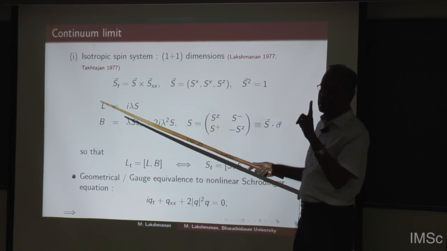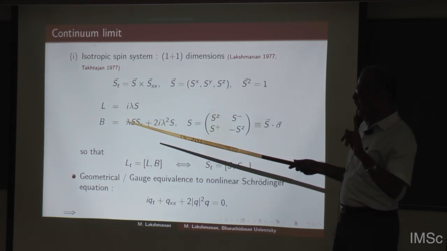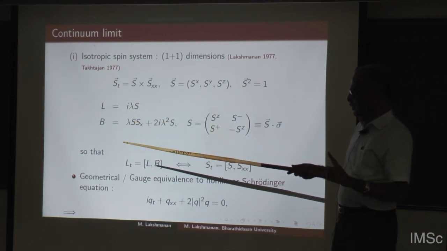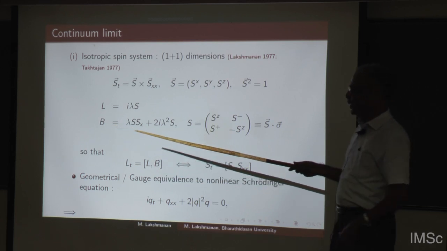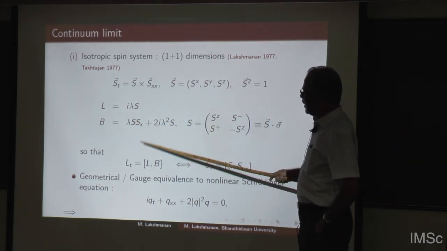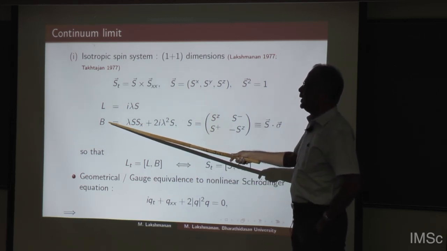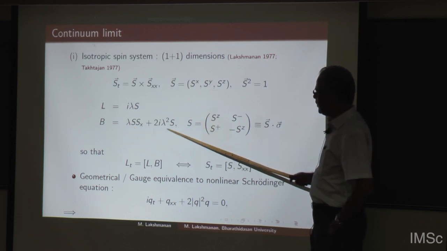This S is supposed to take either parallel to the z-axis, up or down. Then depending on the initial condition, this equation L_t = [B, L] takes a very trivial form.